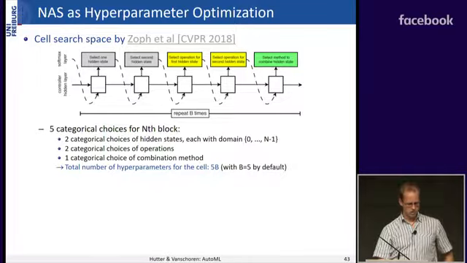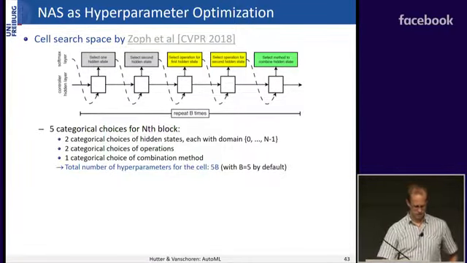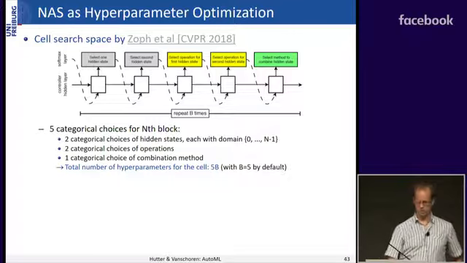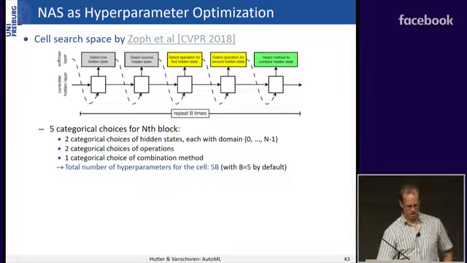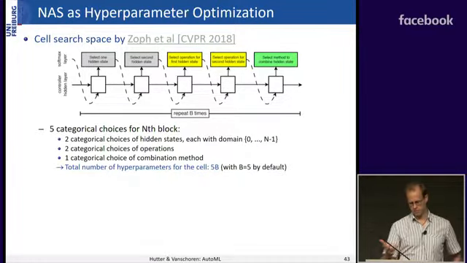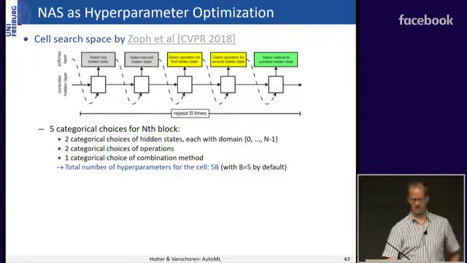And so you end up with 5 categorical choices for each of these blocks. The first categorical choice has domain 0 to n minus 1 if you're in the nth block, because those are the hidden states you could pick. These categorical choices here have just different operations, such as max pooling, separable convolutions, etc. And this last categorical choice has very few options.